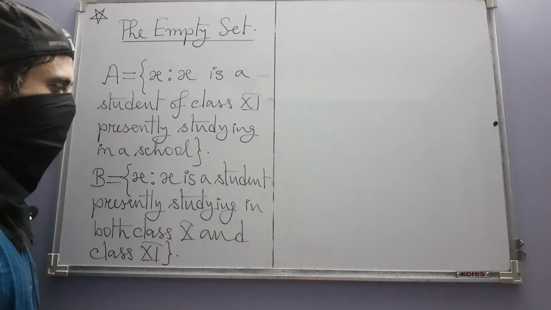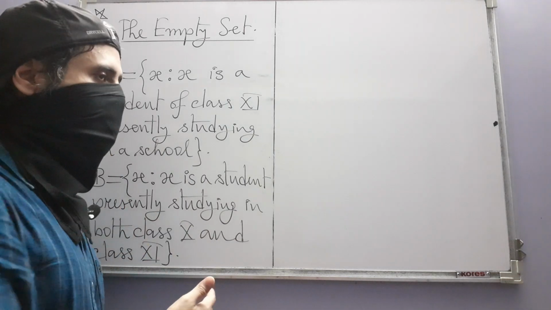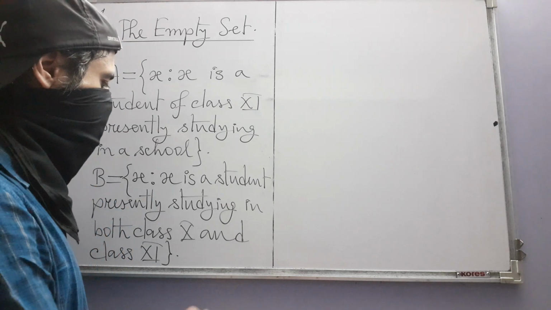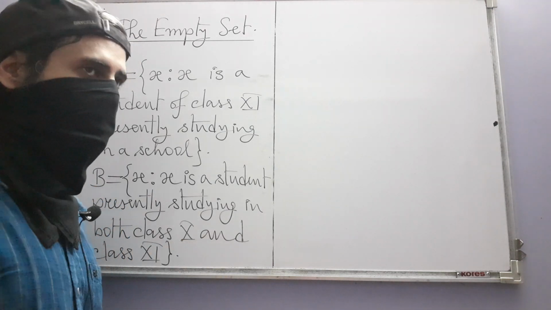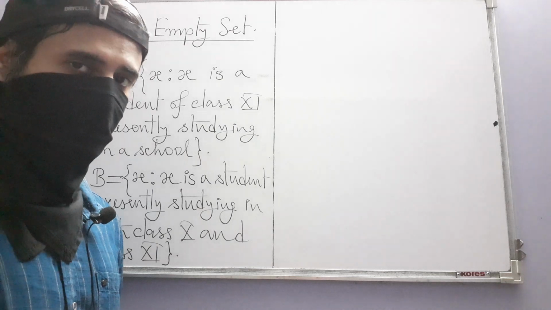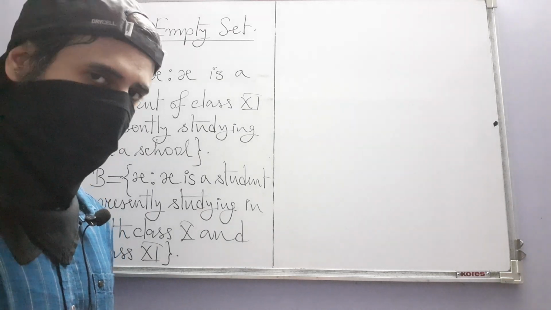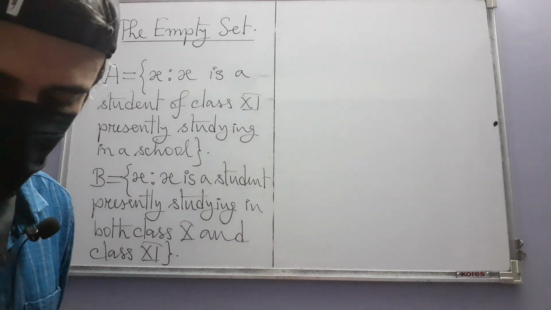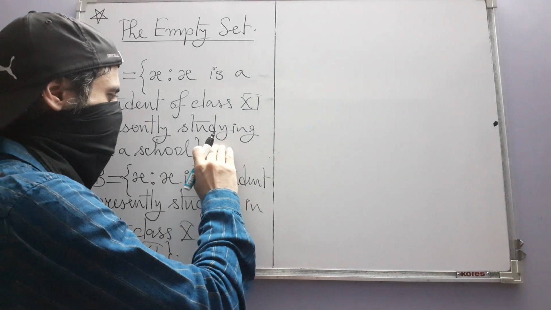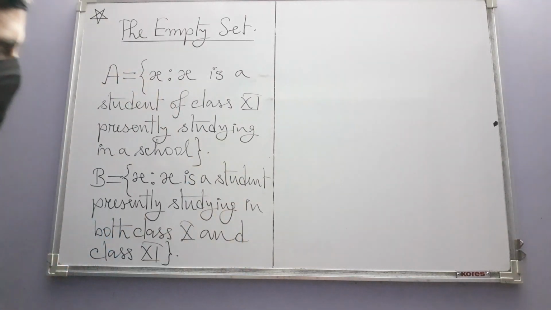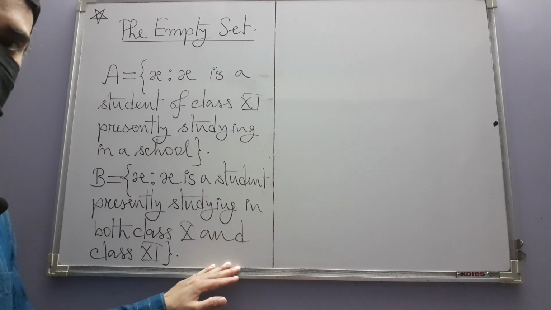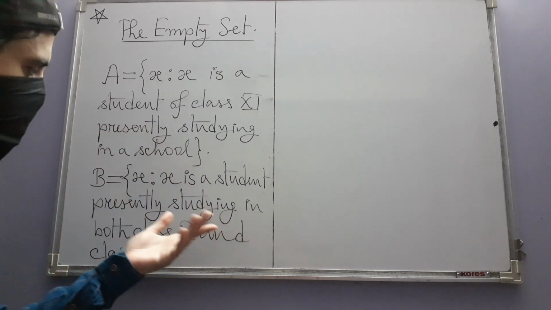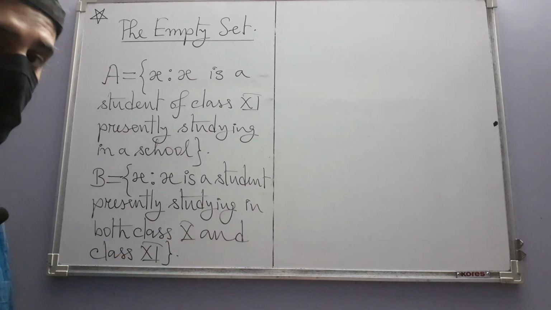So that is why there is in fact no element in B at all, and B thus is empty. There is nothing in B. Such sets also exist, and this is one example. So the way we have these two different kinds of sets is that the first one of them has elements in it, but the second one has no element in it.